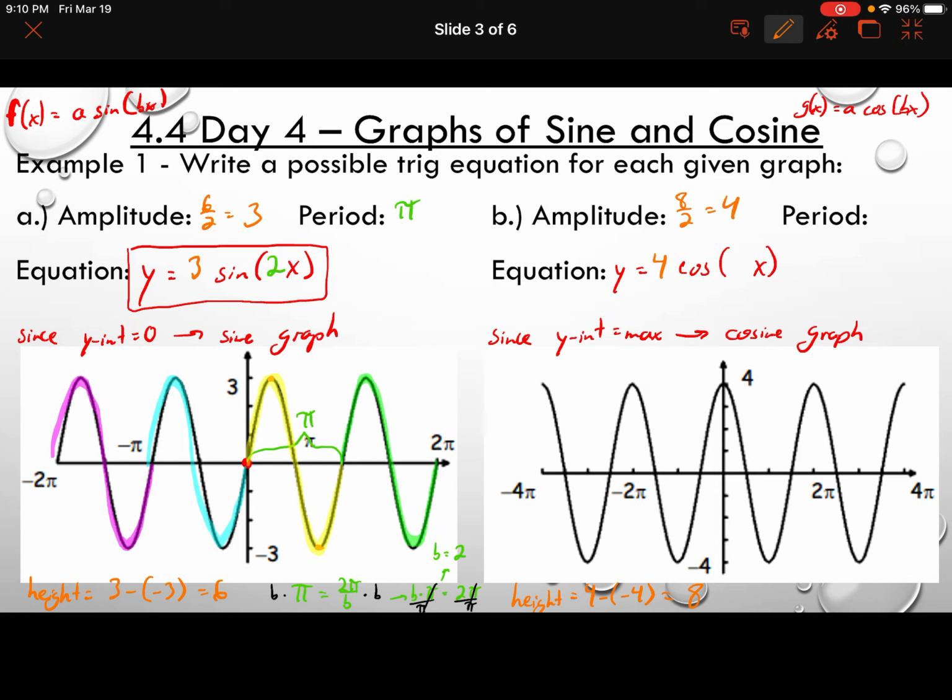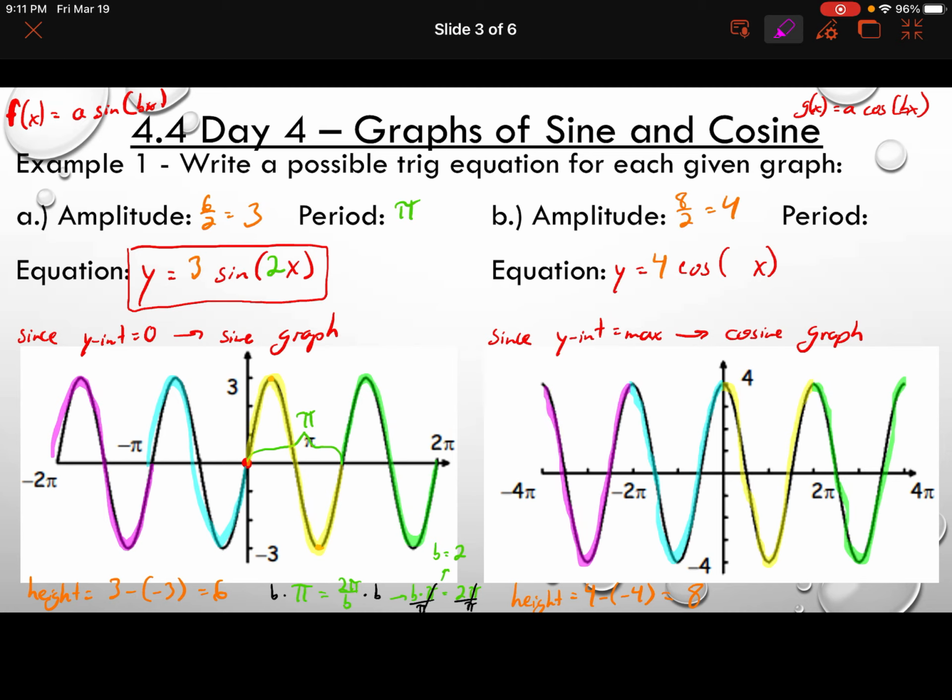Now let's do the period. It looks like, if I keep on going, this curve takes 2 pi to complete one period, because if I were to just continue on from there, it would repeat the exact same shape again and again.